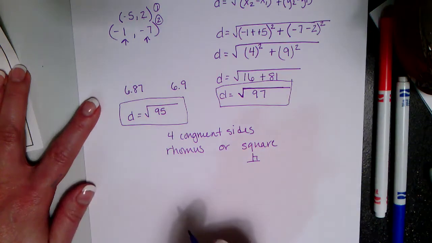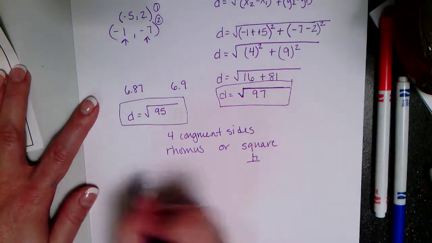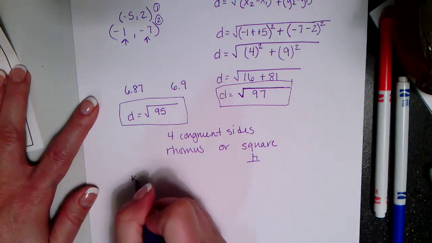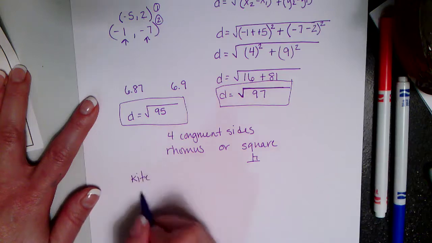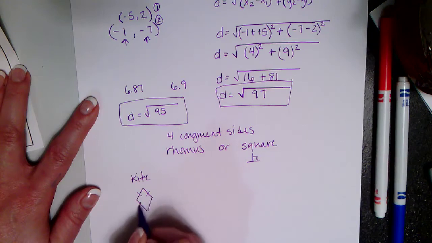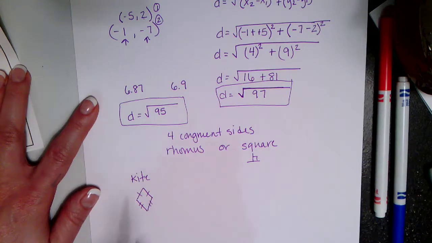There's also a kite, which is a special quadrilateral, and a kite has 2 pairs of adjacent sides that are congruent, so that would be important to have.